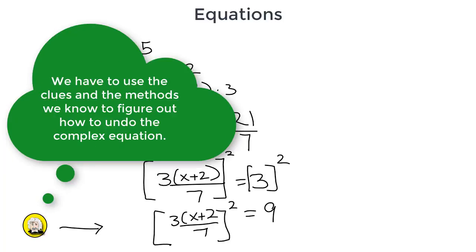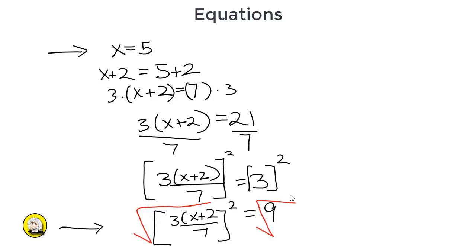If the last operation was to square both sides, I will probably want to take the square root of both sides. And if before that I divided by 7, then the next step I'll probably multiply by 7 to undo the fractions or denominators that exist there.